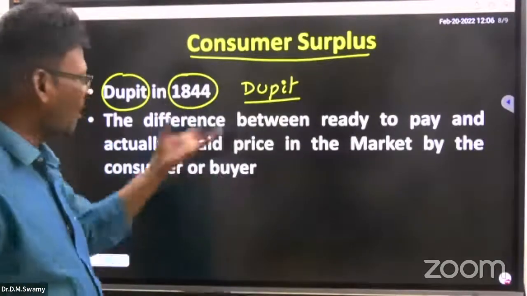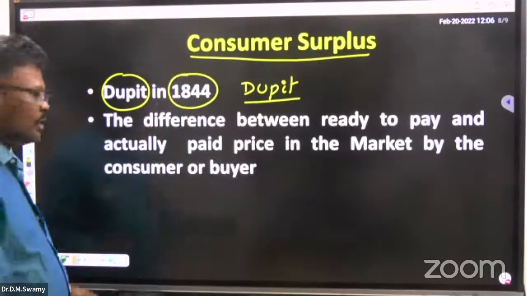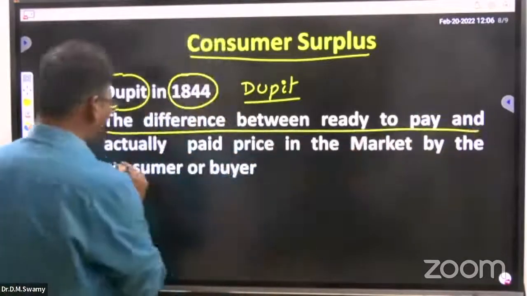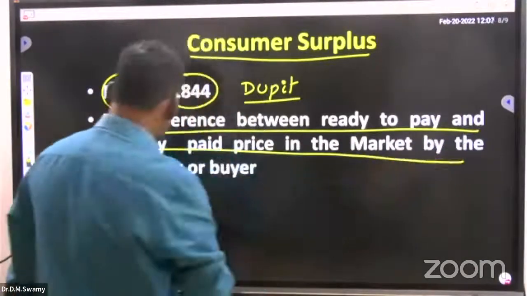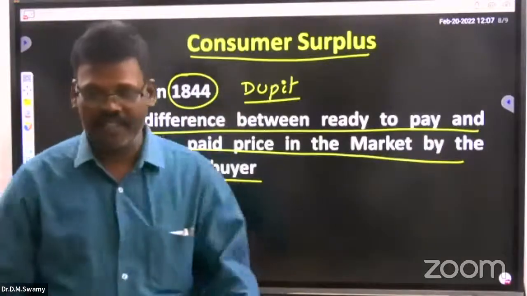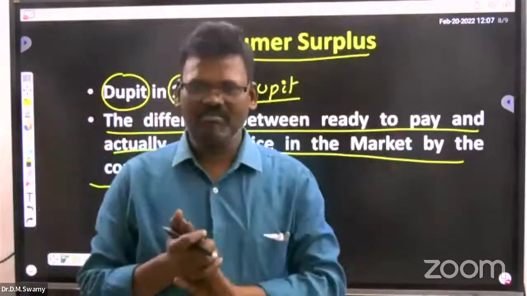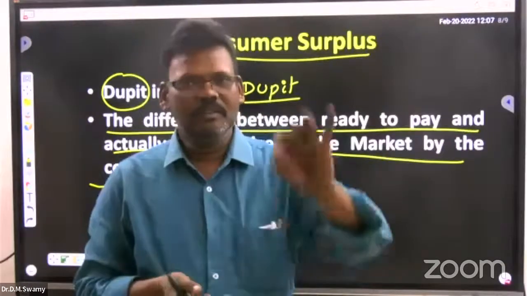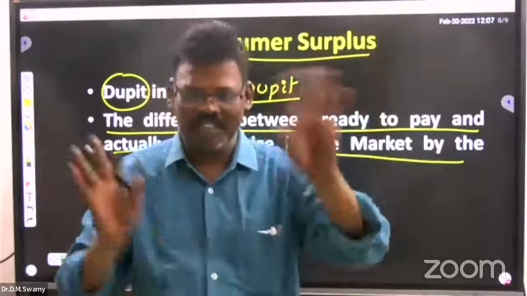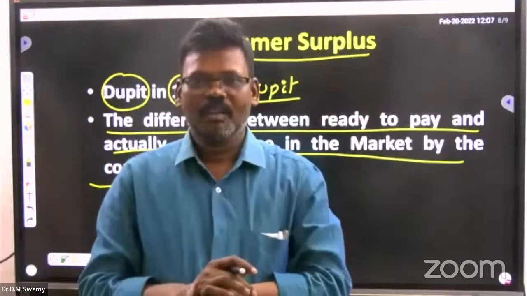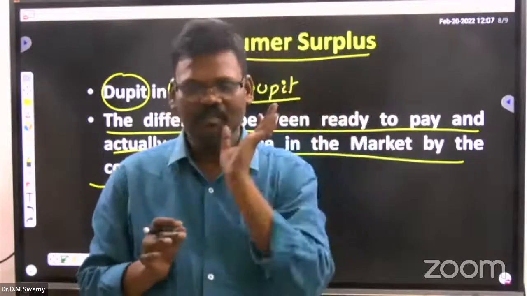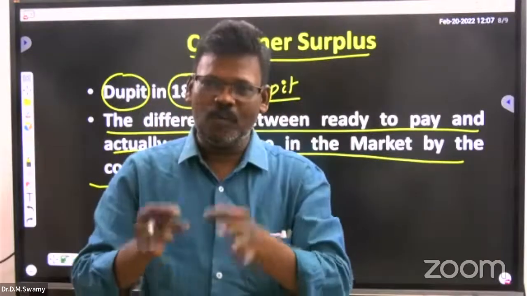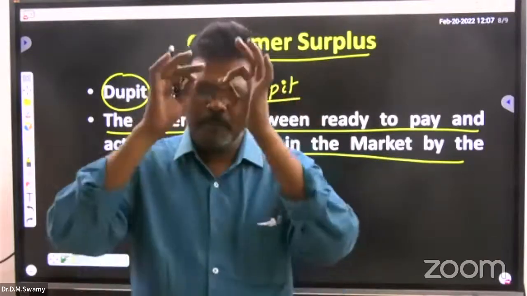So what is consumer surplus? Consumer surplus is nothing but the difference between what the consumer or buyer is ready to pay and the price actually paid in the market. For example, assume your favorite movie was released today, and you want to watch that movie on the first day itself.